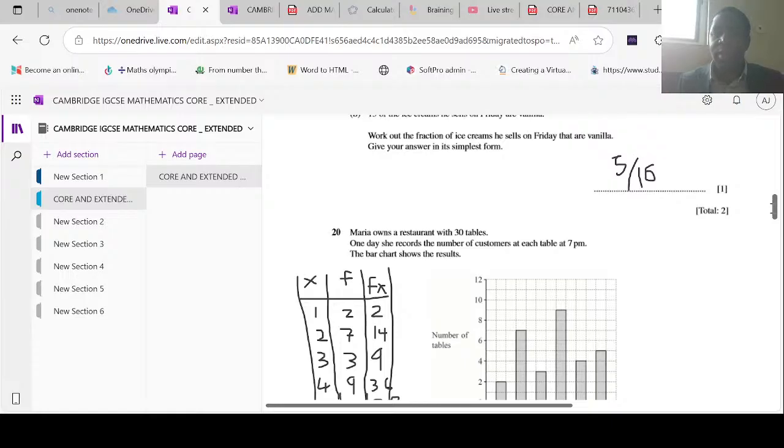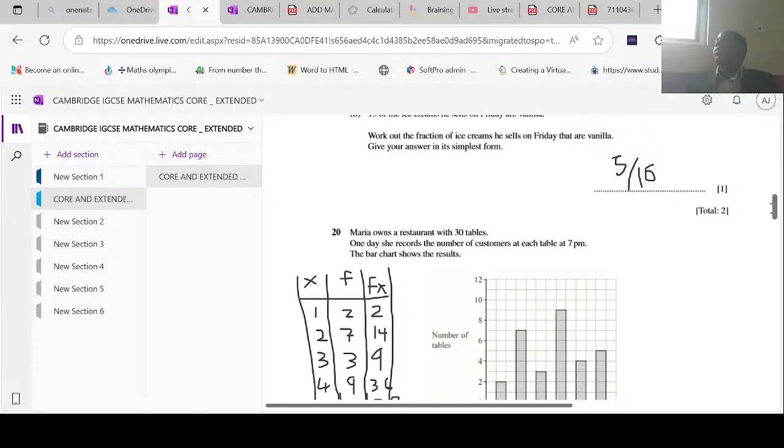So look at the context. The bar chart shows, which means she has tables, customers. But some customers visited some tables, some do not. We know that the customers are the score. Even though it might look like the customer should have been the frequency, in the way they represented this bar chart, the customers are the score.